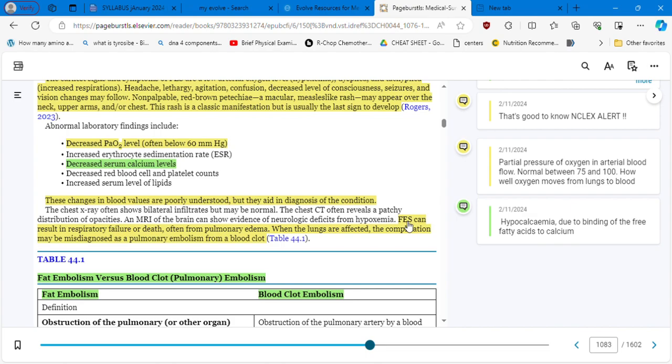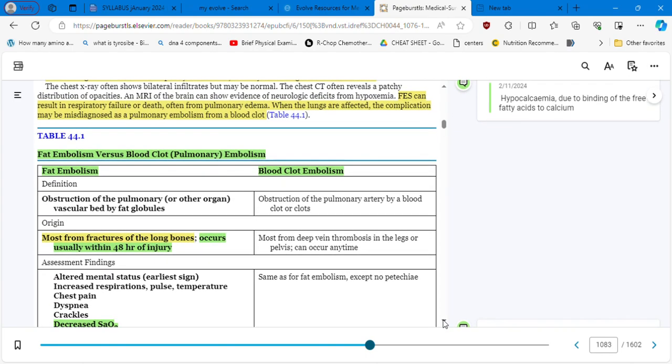Okay, FES, fat embolism syndrome, can result in respiratory failure to death, often from pulmonary edema. When the lungs are affected, the complication may be misdiagnosed as a pulmonary embolism from a blood clot, right?